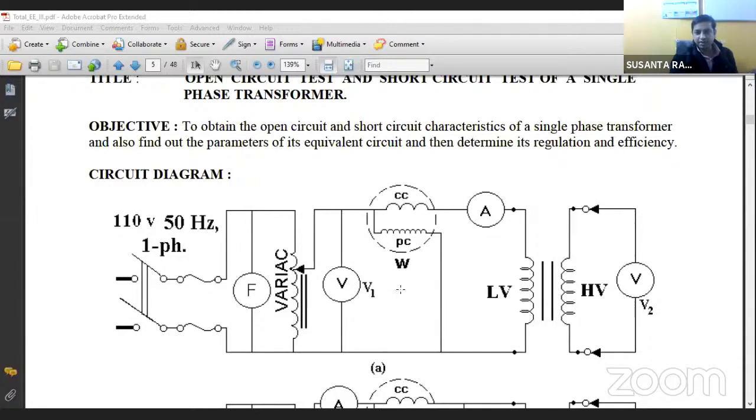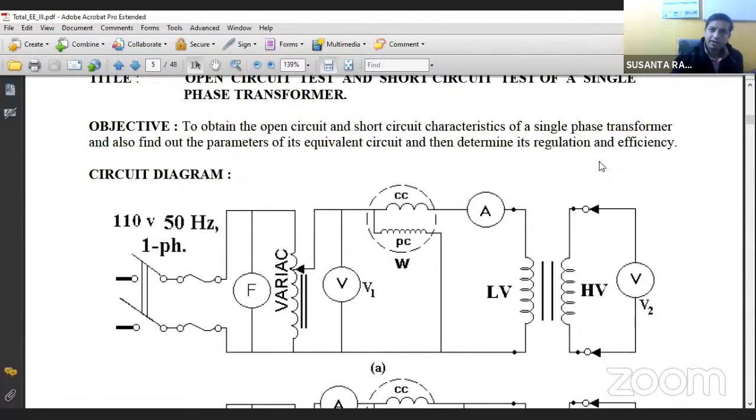So what are the other meters we use for this test? One ammeter, one voltmeter, and one wattmeter. These are the three essential measuring instruments we have to use at the low voltage side. A frequency meter we sometimes use, or sometimes we don't require it. These three meters are very important: one ammeter, one voltmeter, and one wattmeter.